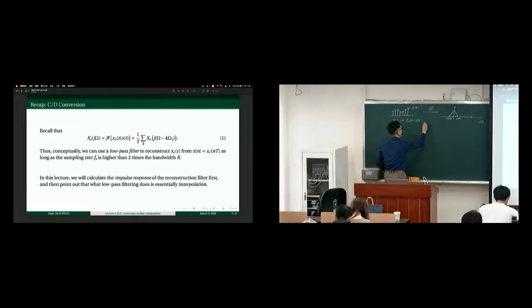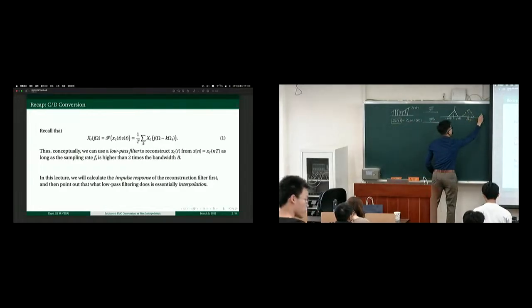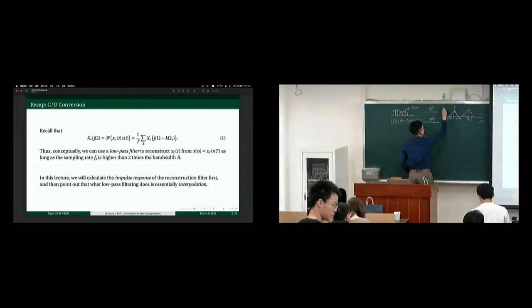Now, if we take the Fourier transform of this, then moving on to the frequency domain, the spectrum of xs becomes the original one plus shifted copies that occur at integer multiples of your sampling frequency, omega s. One to the right, and you know what I mean, extending. Let me draw one more copy right here.